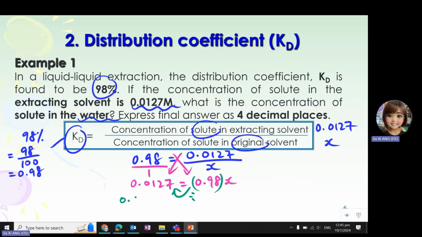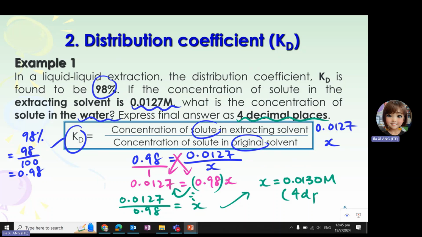So you will get 0.0127 divided by 0.98, which is equals to X. So key in the value in the calculator, your X value should be 0.0130 M. So remember, follow the question, round off your answer to 4 decimal places, and always remember to input your unit. So for concentration, unit is in molarity.